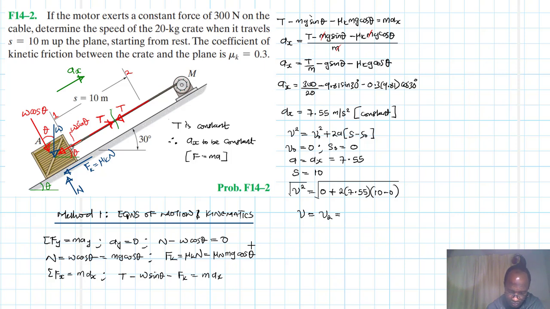The square root of that is 12.29 meters per second, and our speed is in that direction, like so.